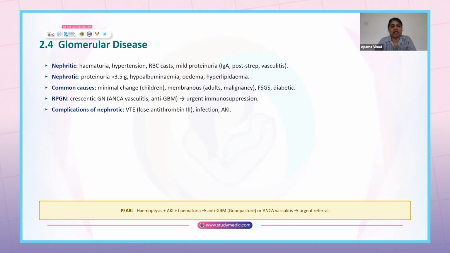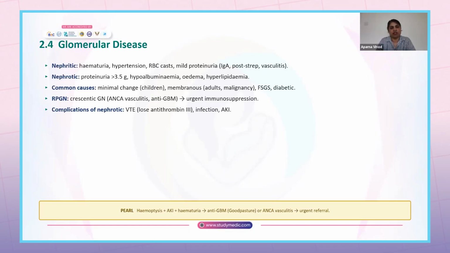So because the patient is at high risk for thromboembolism, you need to offer anticoagulants. Common causes for nephrotic syndrome can be minimal change disease in children, focal segmental glomerulosclerosis, membranous nephropathy, and systemic diseases like diabetes and hypertension can also cause nephrotic syndrome.